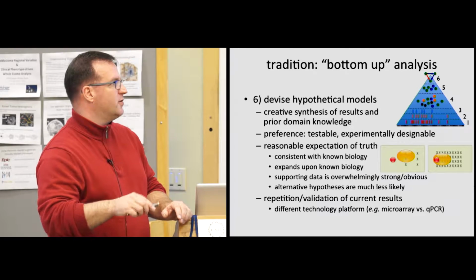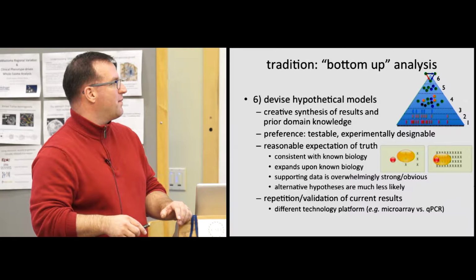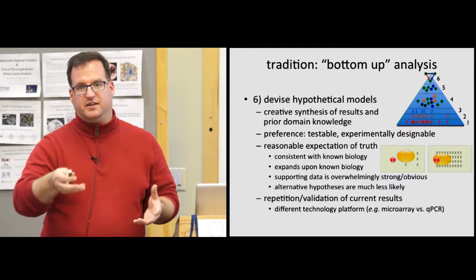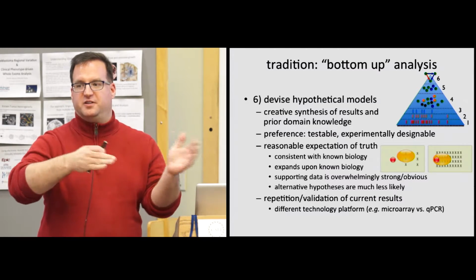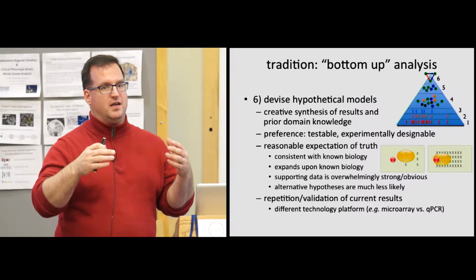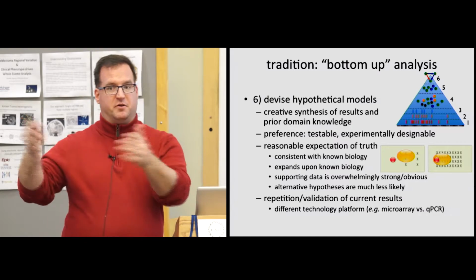Because the supporting data is overwhelmingly strong or obvious, that it expands upon known biology, and that you've actually done something to validate the thing that led you to that in the first place, through some other platform or some other repetition of the experiment, or seeing the same result in some new population.